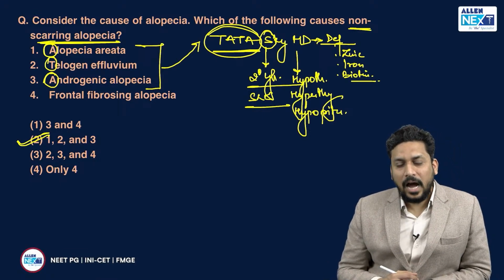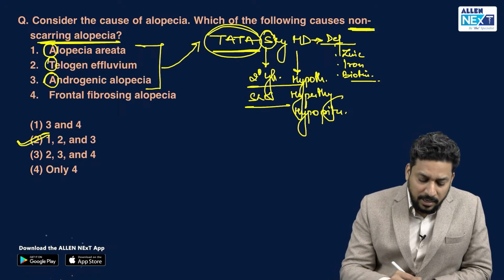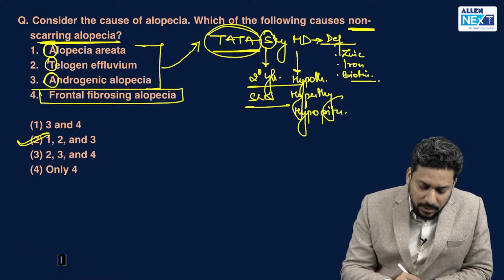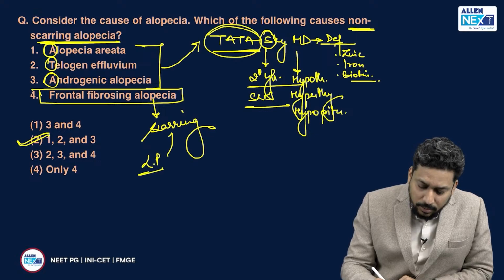So all these are the conditions where you can get non-scarring alopecia, while frontal fibrosing alopecia is an example of scarring alopecia. Similarly, in lichen planus also scarring alopecia occurs.